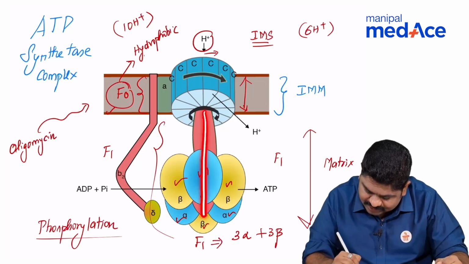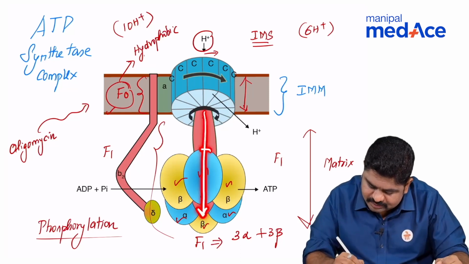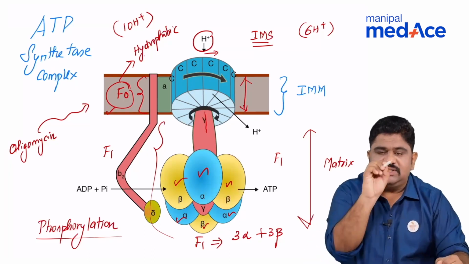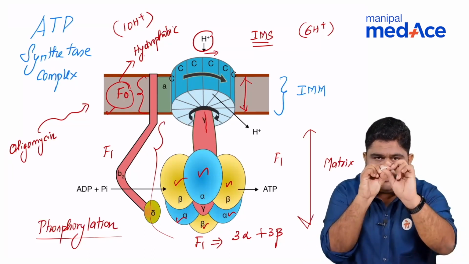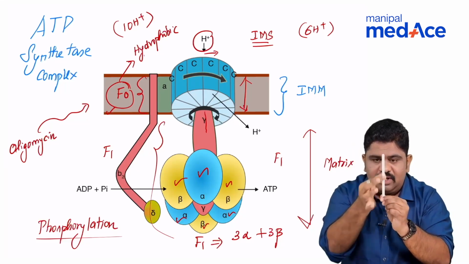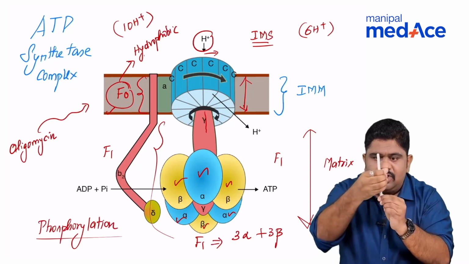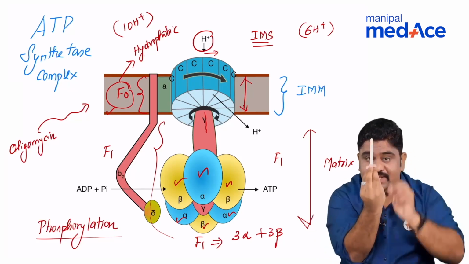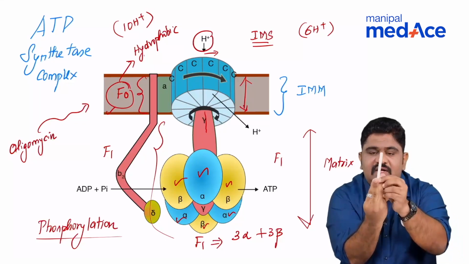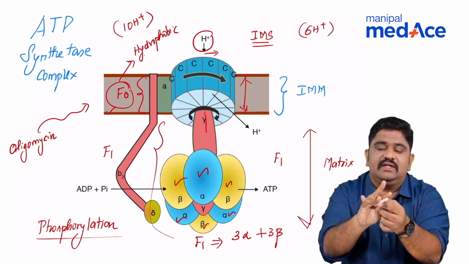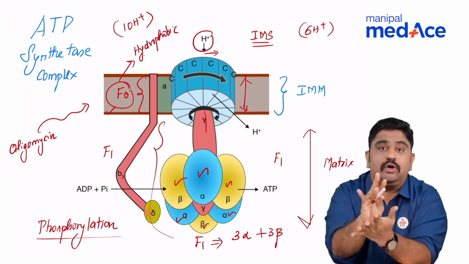This gamma portion has extended from here to here, and it has been covered by the alpha and beta on all the sides. Look at this. If you're looking at the gamma from the top till the bottom, you have a covering like this. This is an alpha, this is a beta, this is an alpha, this is a beta, this is an alpha, and you'll have one more beta.